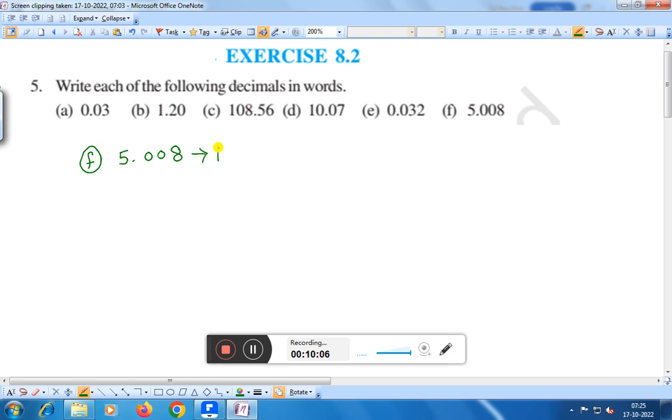This can be written as five point zero zero eight. Or in another method you can also write, this is ones place, 5 is in ones place, therefore 5 ones.